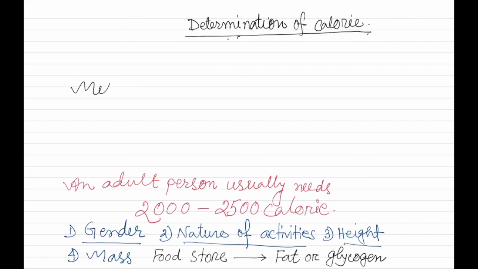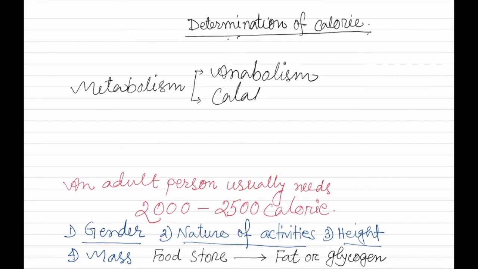Metabolism can be divided into two groups: one of them is anabolism, another one is catabolism.